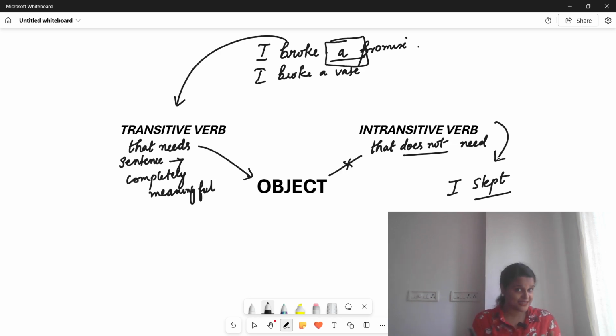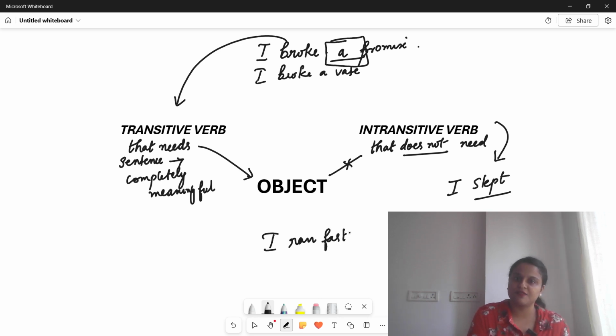But having said that, the verbs that you know as transitive verbs can very well be intransitive in other contexts. Well, are you confused by that statement? Let's look at another example. I give you a sentence, I ran fast.